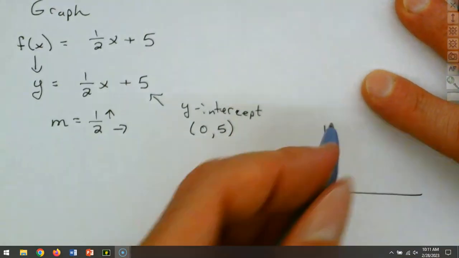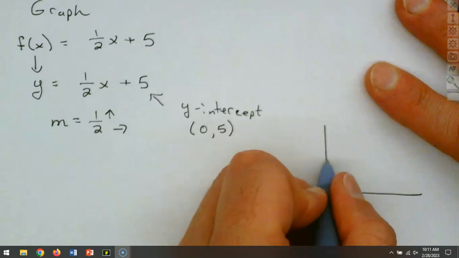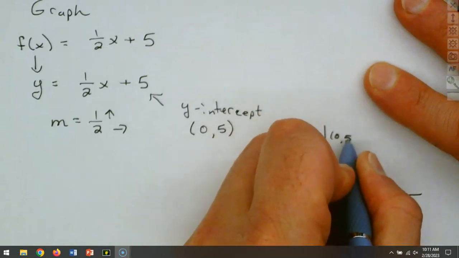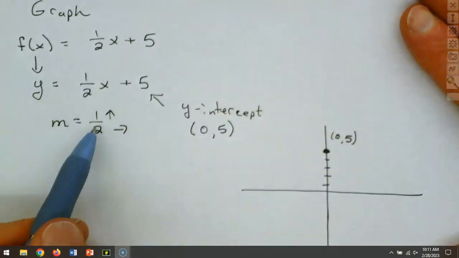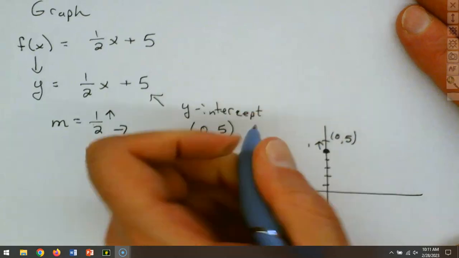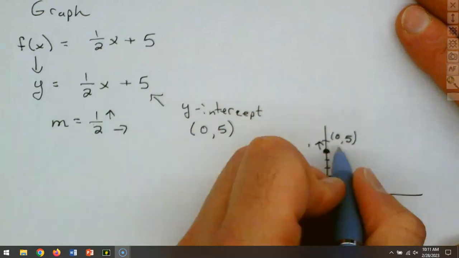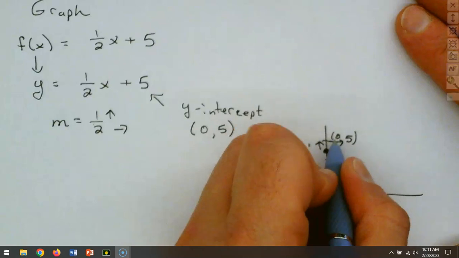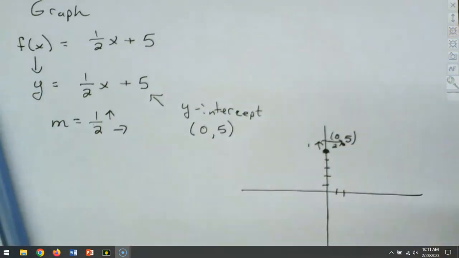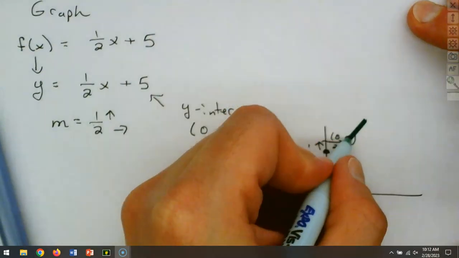So 0, 5 would be here. 1, 2, 3, 4, 5. And then what do I do with my slope? Well, we go up 1. And then we go over 2. So up 1, over 2. Connect it together. There's my line.